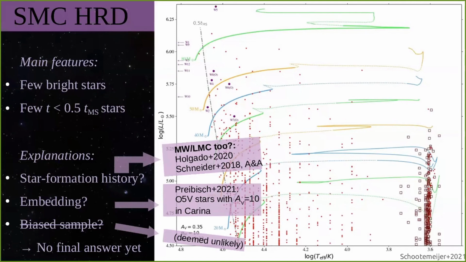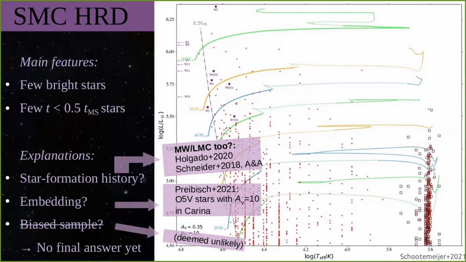And while we do not have the observations to show that this takes place, I would like to point at a very recent study in the Carina Nebula, where all 5 stars, so very early O stars, very bright stars, were observed with K-band spectroscopy, and these had an extinction of about 10, so they would never end up in our Hertzsprung-Russell diagram with such a high extinction.